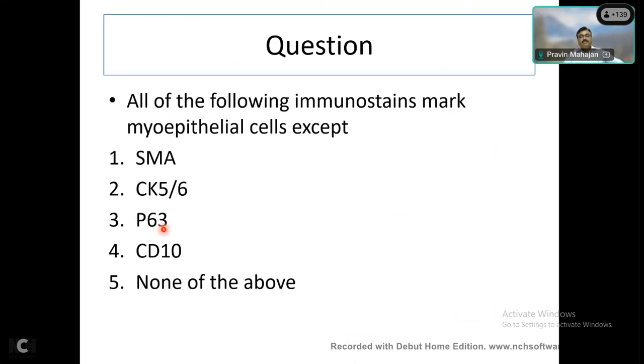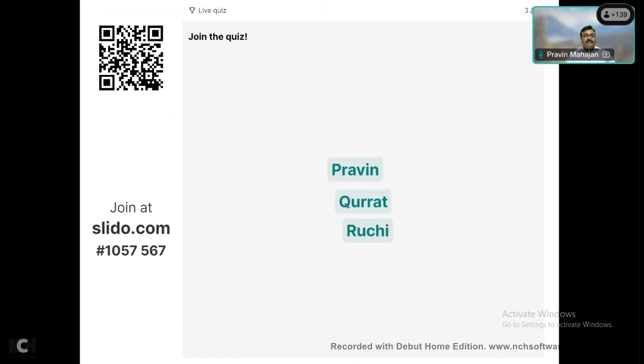So this is the first quiz question I'm putting forth. What you have to do is scan this code from your mobile. Once you scan this code, you will be prompted to a page wherein you will see the quiz and the options. You can choose whichever option you feel is correct and then send it, and at the end of the quiz, we will see which option is the correct one.